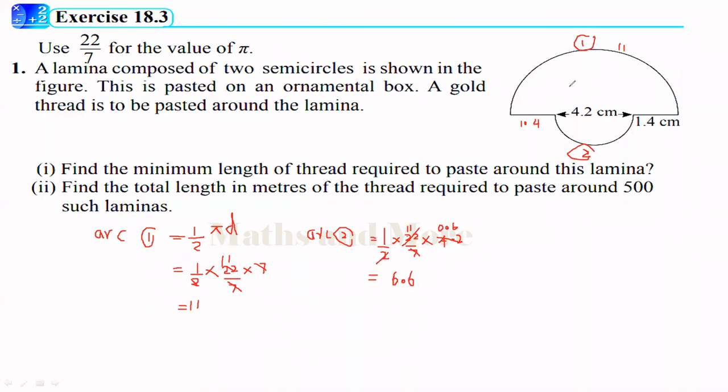Now you want to get the perimeter. To get the perimeter, you have to add all the sides. 11 plus this length 6.6. Quickly add and tell me the answer: 11, 1.4, 1.4 and 6.6. 11 can be written as 11.0.